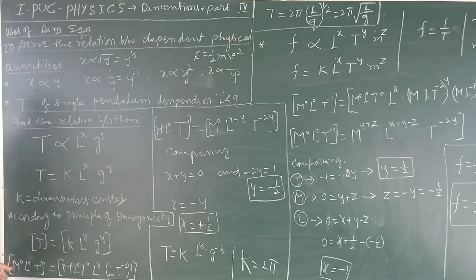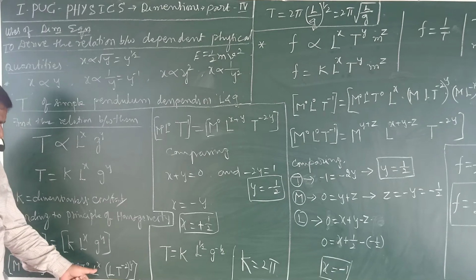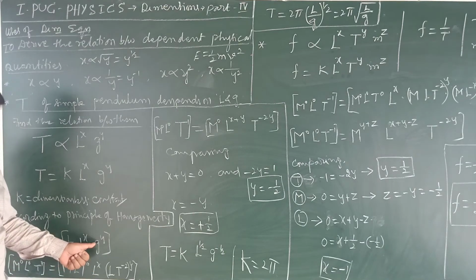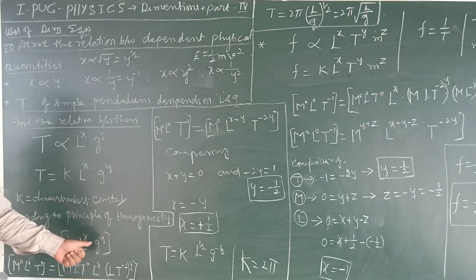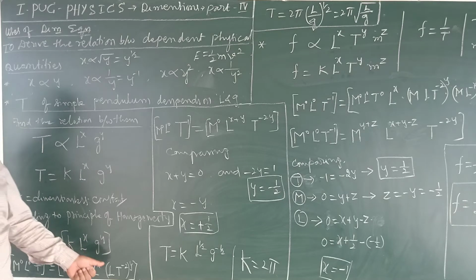If I substitute dimensions of the left side, time period of oscillation means time. The dimensional formula of time is M0 L0 T1. K is dimensionless, L means length, L power x, and G means acceleration. What is the dimensional formula of acceleration?